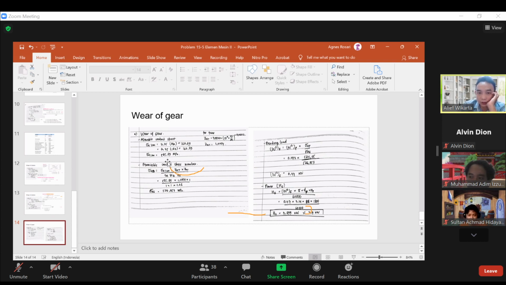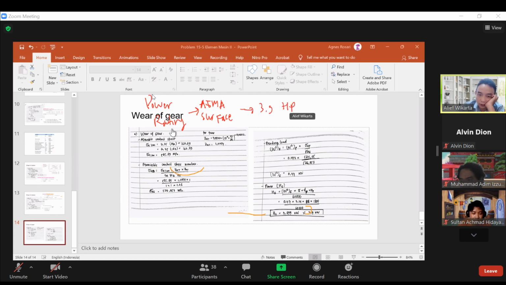Agnes, can you give me note permission? Oh, yes. Okay, thank you. Let me type here: AGMA surface, the power rating. Power rating from AGMA surface is 3.9 horsepower.